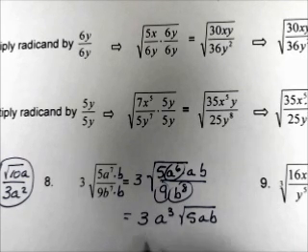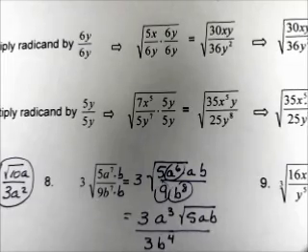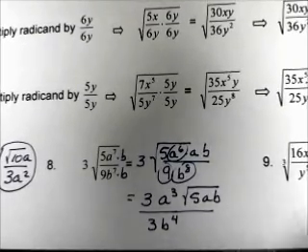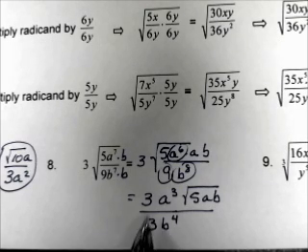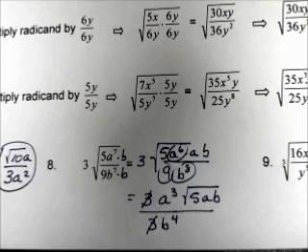That would be 3b to the 4th. And we're not done quite yet. These 3's can divide out. So our answer is a to the 3rd, square root of 5ab over b to the 4th.